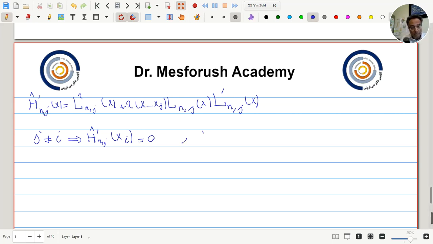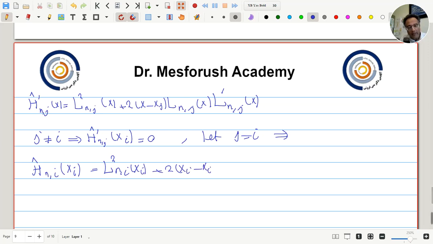Okay, and if we let j be equal to I, we can get h hat n and j times x, so put n and I times xi, so it will be L squared n and I at xi plus 2 xi minus xi L n and I x times L prime n and I x I. Correct?